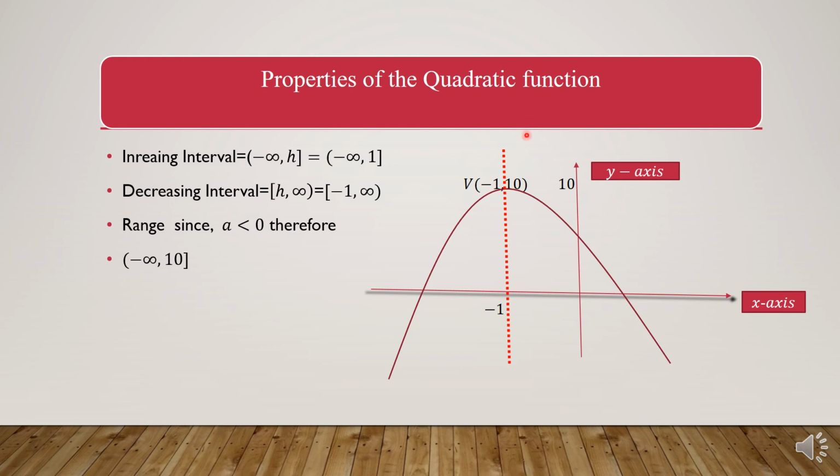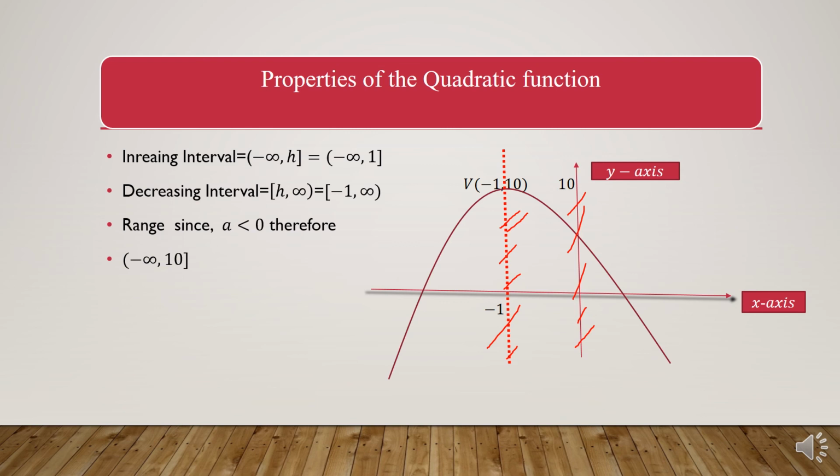Now this shaded line shows us the axis of symmetry. Look here. This shaded line we say is the axis of symmetry, and it will always be parallel to the y-axis.